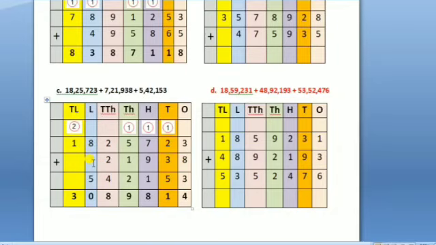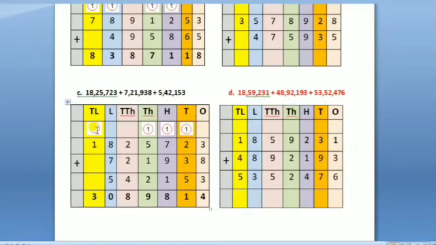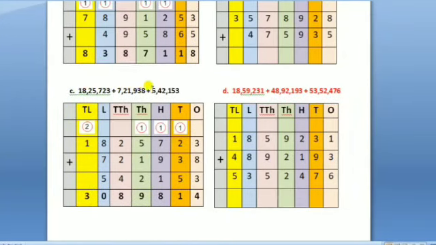When 8 and 7 are added, it becomes 15. 15 plus 5 when added becomes 20. So 0 will be written here. 2 will be taken as remainder in the 10 lakh column. Now remainder value 2 and 1, total becomes 3. In this way we can add the 3 numbers and find the grand total.